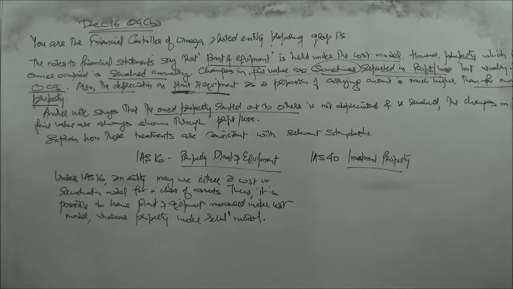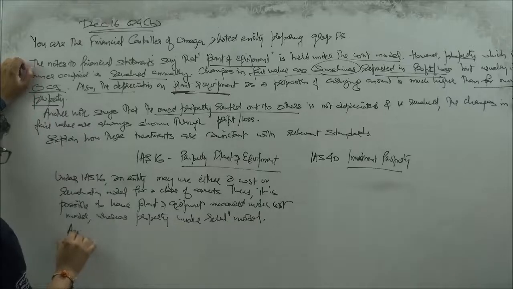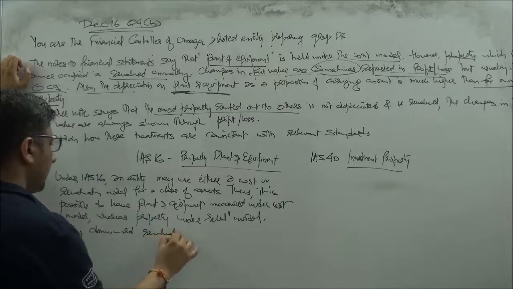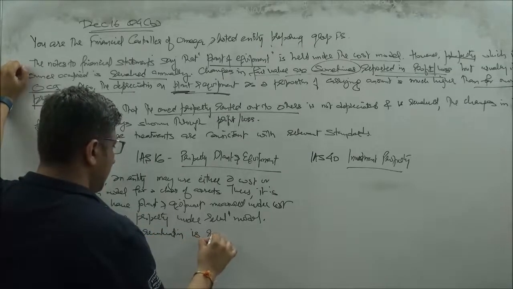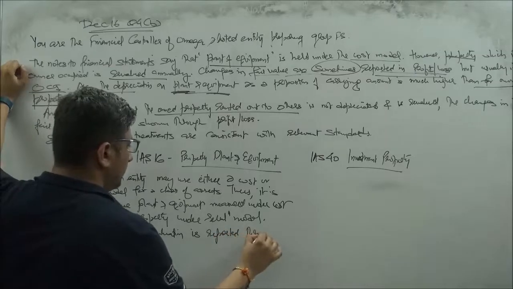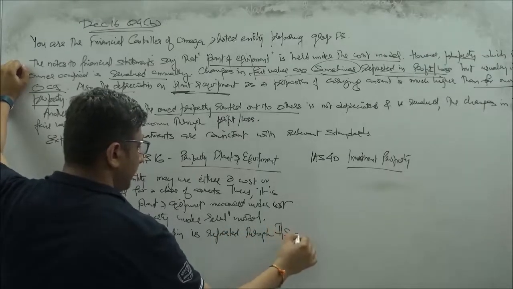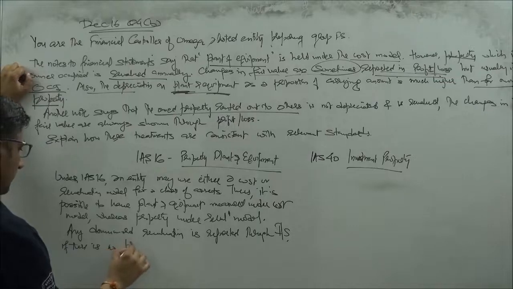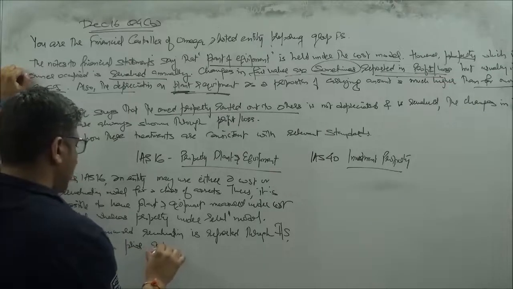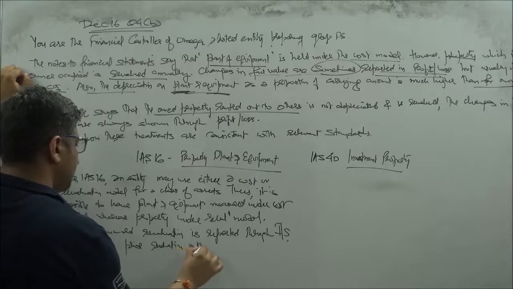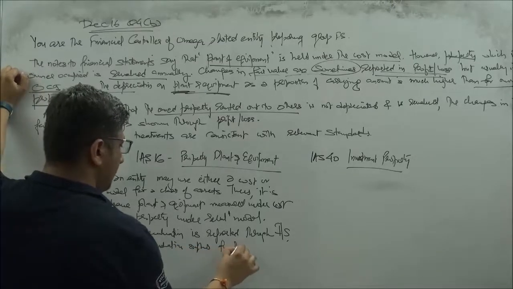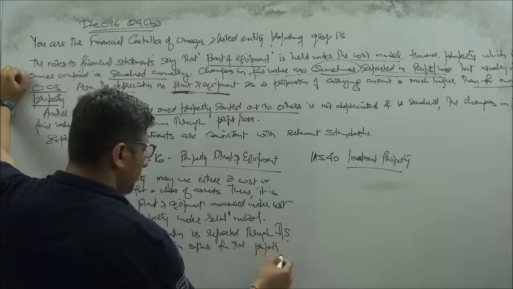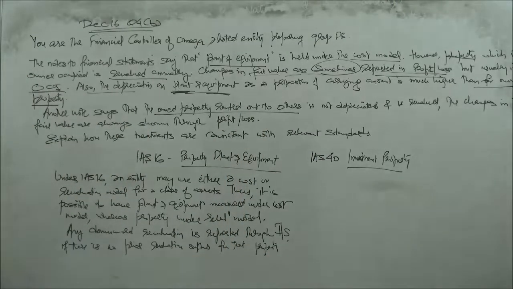Now here we start mentioning that any downward revaluation is reported through income statement if there is no prior revaluation surplus for that property. In this case, of course, we are referring to the property. That's why the word is used.